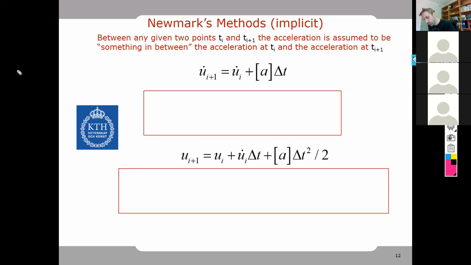We have that the speed at some point in time is equal to whatever the speed was before, plus the acceleration times t, right? That's the equation of a uniformly accelerated movement for the speed. And that is exactly the same thing we have here.